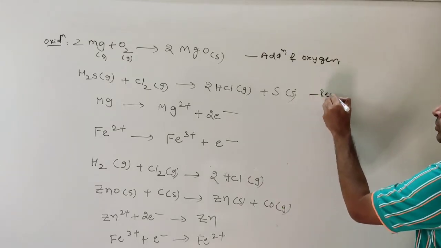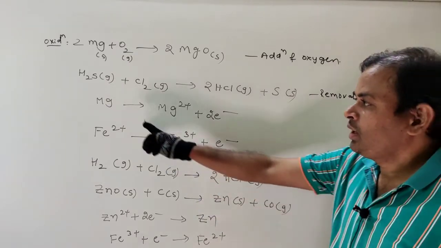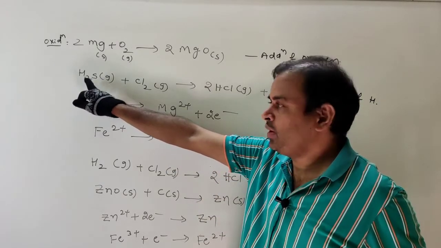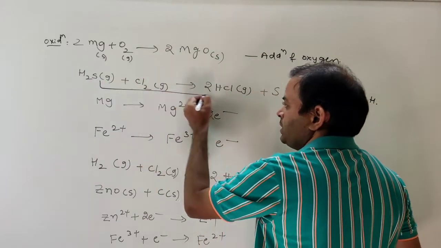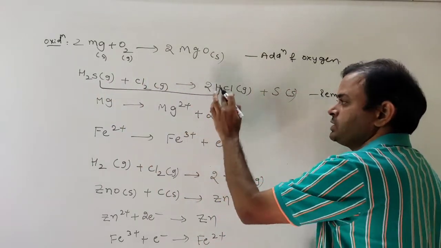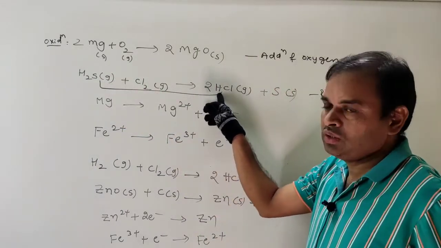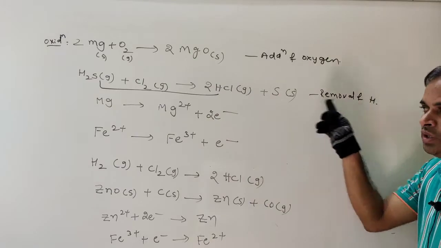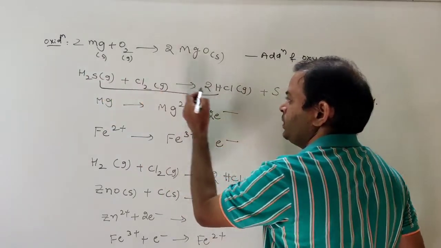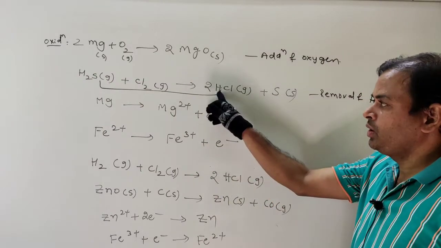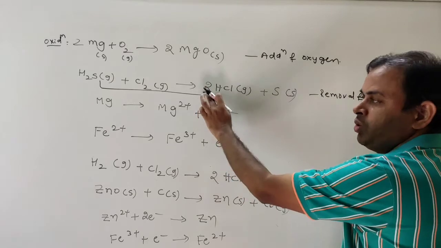Next, what is the second definition? Removal of hydrogen. Here H2S, hydrogen sulfide, is converted to HCl. How many hydrogens are there here? 2 hydrogens. Here only 1 hydrogen is there. This is just a mole number.